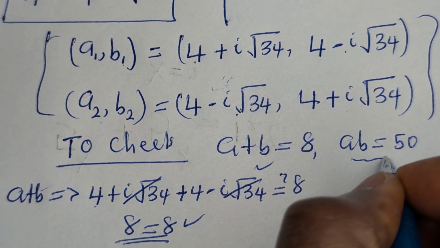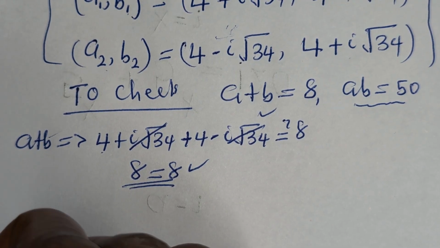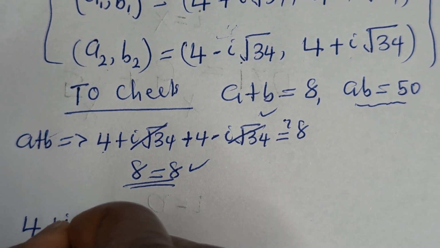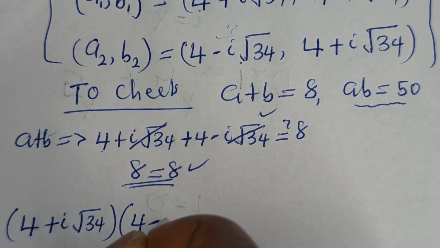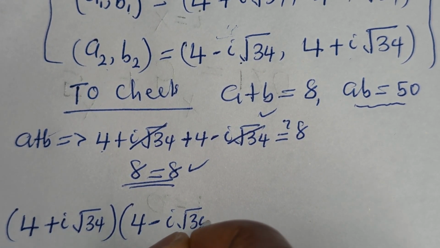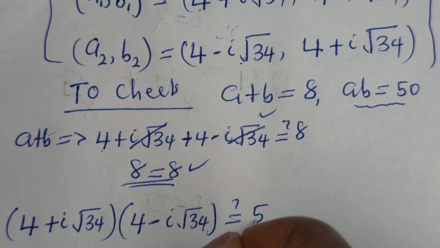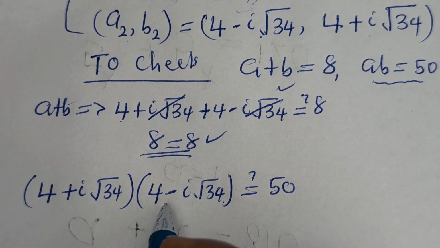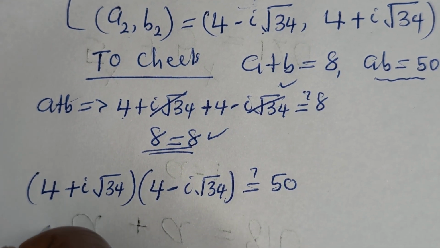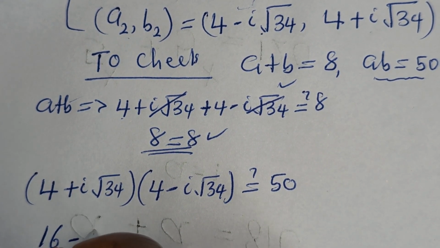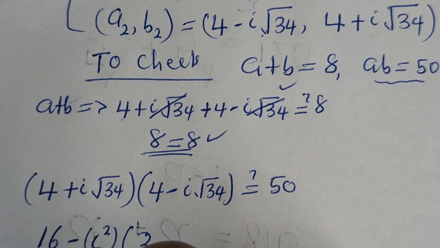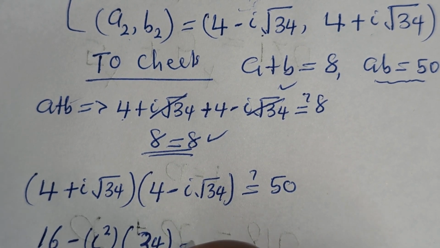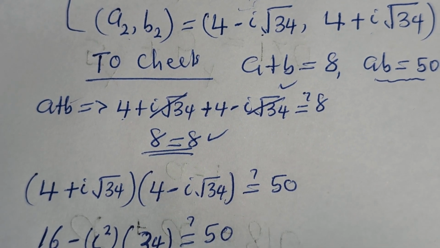Now let's consider this now. We have 4 plus i root 34 multiplied by 4 minus i root 34 must be equal to 50. Then if you expand this very well, we have 16 minus i square multiplied by 34 must be equal to 50.